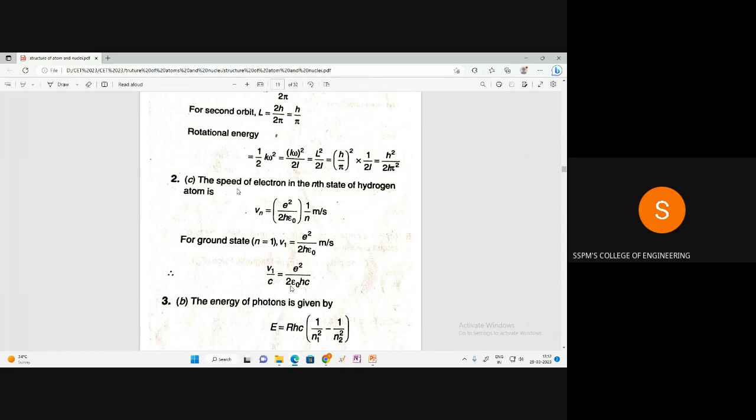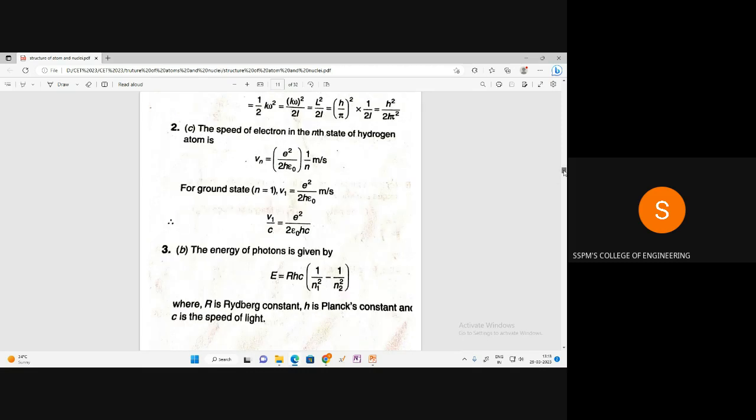Therefore, V1 equals e square upon 2h epsilon 0 meter per second. So V1, the speed of electron with respect to c, is given by e square upon 2 epsilon 0 h into c.